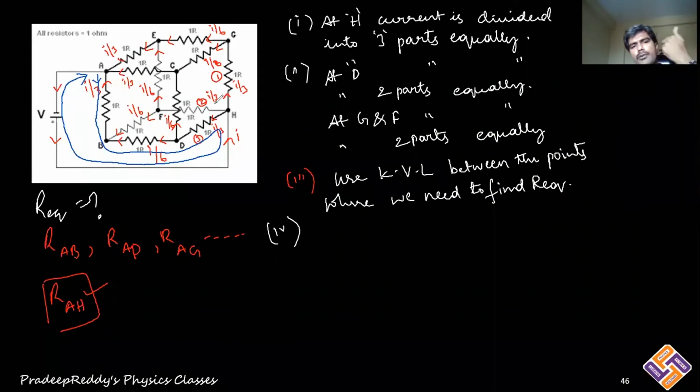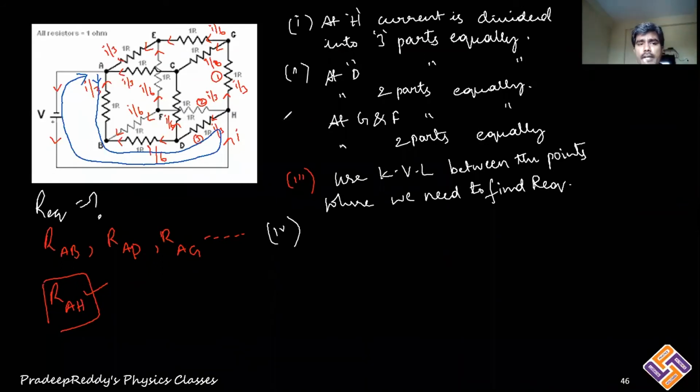You can take a path as you wish. The path is independent, but remember, the path should start from A and come towards H, because you are finding the effective resistance between A and H. Suppose you are asked to find the effective resistance between A and G, take a path only between A and G. Start at A and come to G along with the battery.